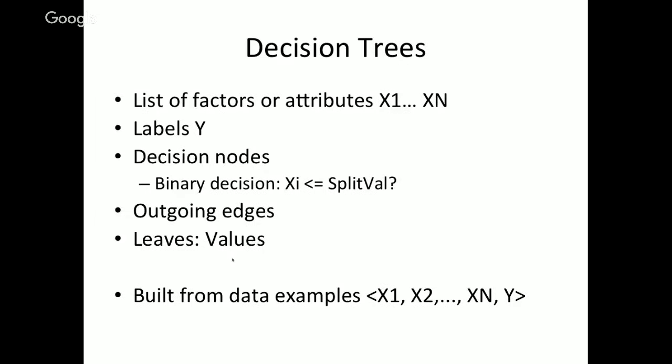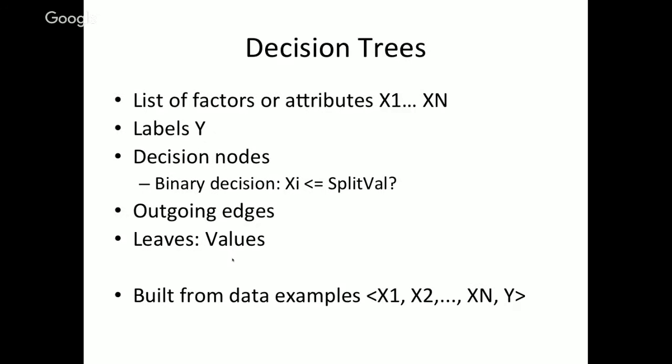Think about it like a big matrix where the columns are the x's and then that last y, and the rows are individual samples of data. So each row might represent a day for a price of a stock, or each row might represent a day of weather. Then, using that data, we build a decision tree, and the decision tree consists of decision nodes.